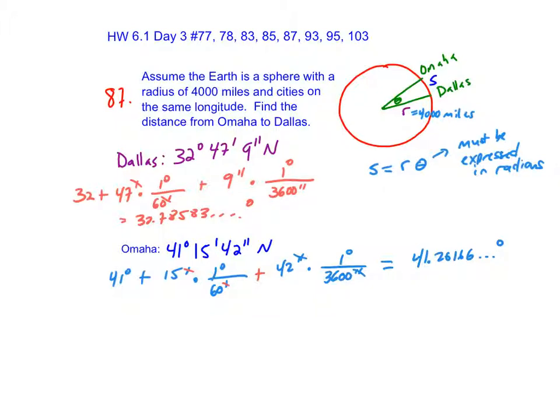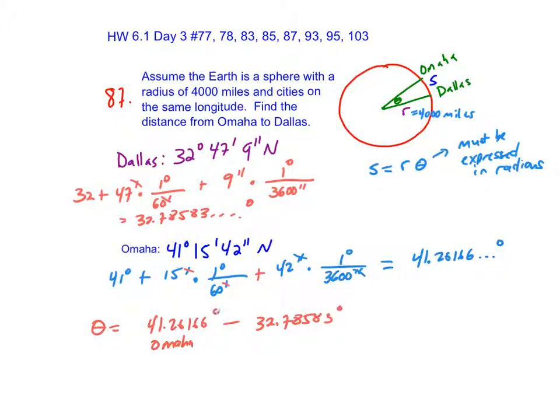Now we need to figure out what theta is. We can first find theta in degrees. So theta in degrees is going to be the difference of these two latitudes. So we're going to take 41.26166, which is the latitude of Omaha, and we're going to subtract from that 32.78583.